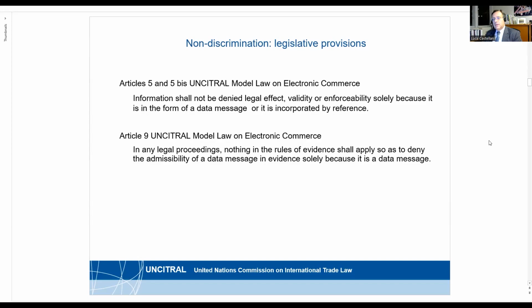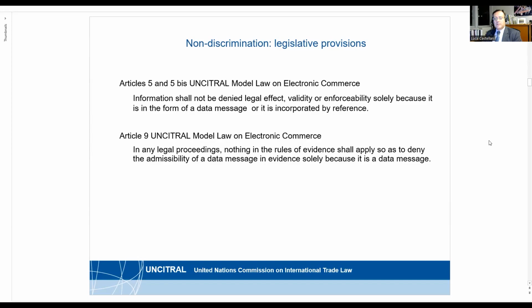Information shall not be denied legal effect, validity, or enforceability solely because it is in the form of a data message or it is incorporated by reference. The notion of data message itself is very broad, and it has to do with information in electronic, magnetic, optic, or similar form. So it is as technology neutral as possible.